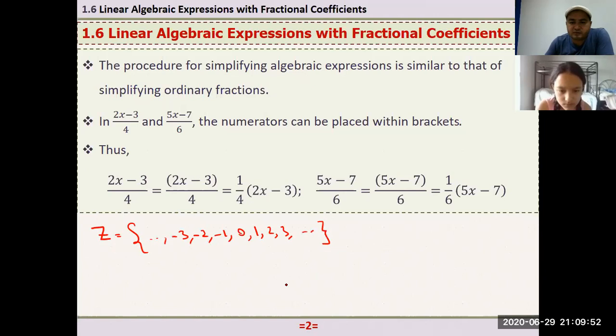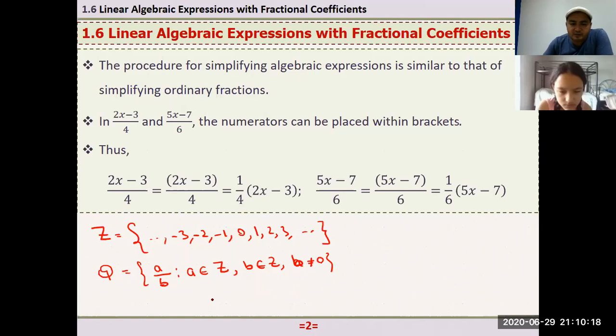And how about the rational numbers or fractions? For rational numbers we usually use Q. It is a number which can be written in the form A over B, where A is an integer and B is also an integer, with one condition that B is not equal to 0.